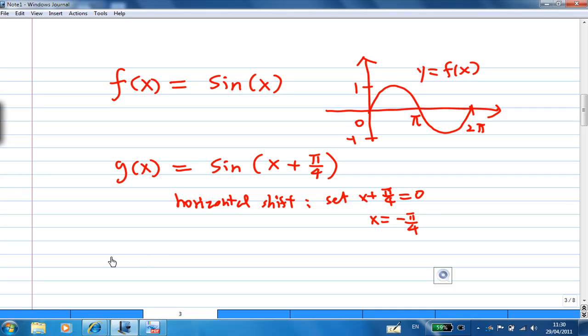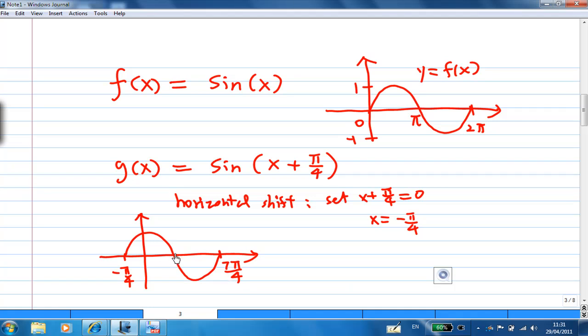So you get the graph of the sine curve again. It's very similar, but instead of starting from 0, you start from minus pi over 4. So if you start with minus pi over 4 and shift it like this, after you shift it, this one will be 2 pi minus pi over 4, so it's 7 pi over 4.